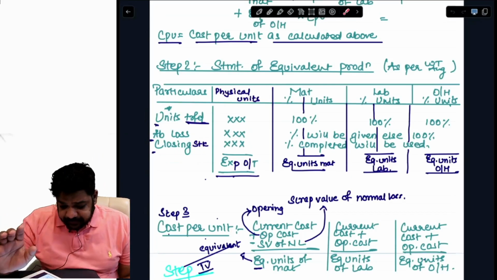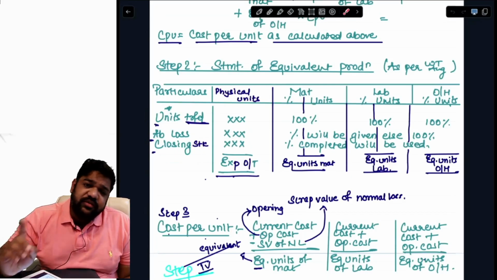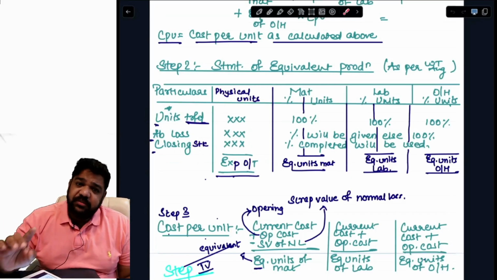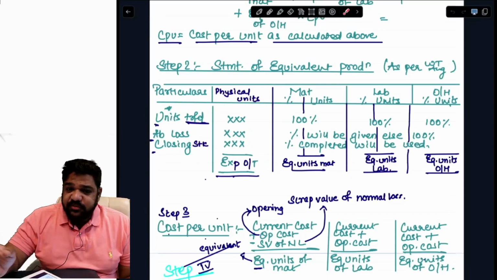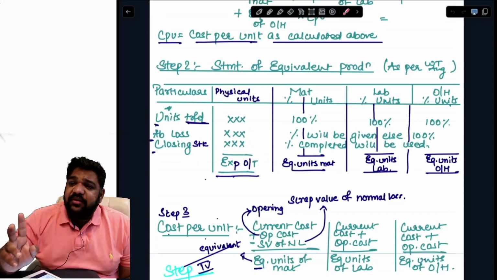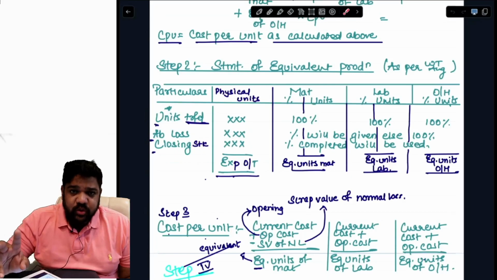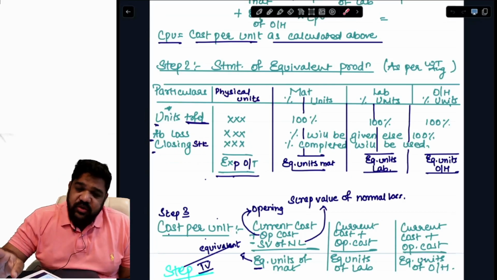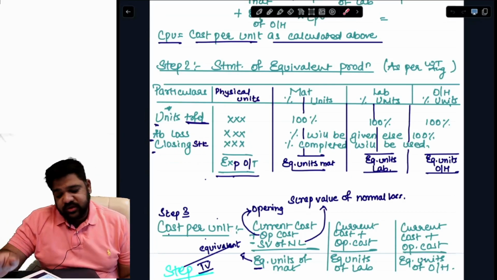Now, the units transferred will always have a degree of completion of 100% across all the materials. Material, labor, overhead are the maximum three that you can have, but you may have material and conversion cost as two, or you may have just a cost. All three are possible.